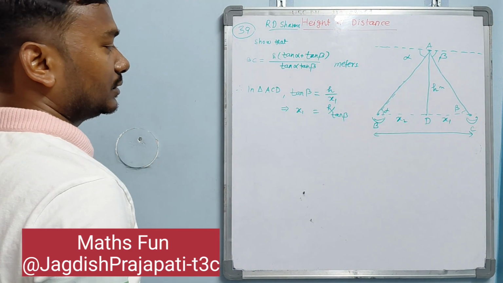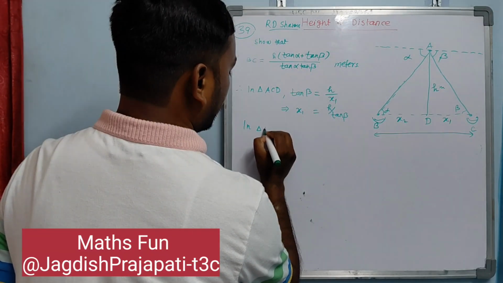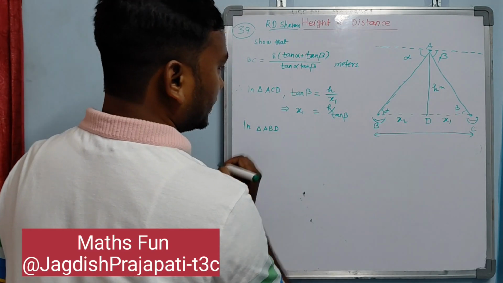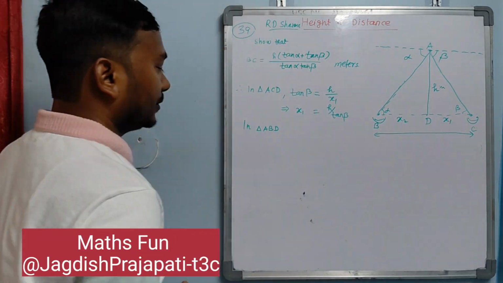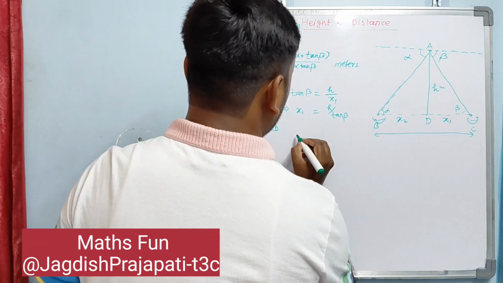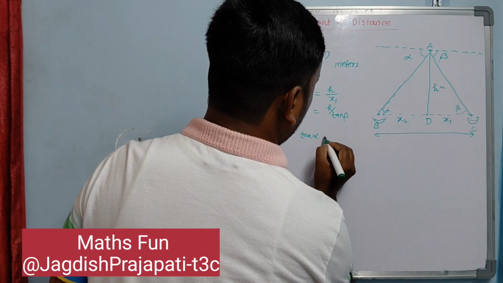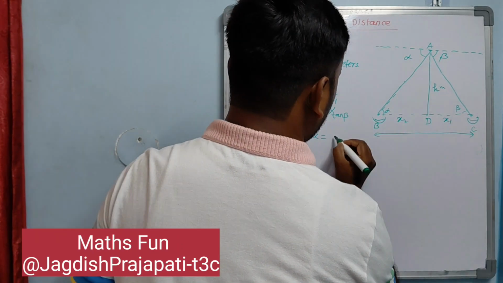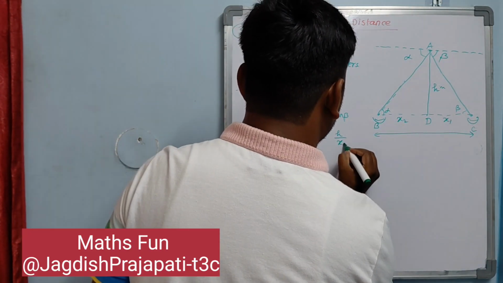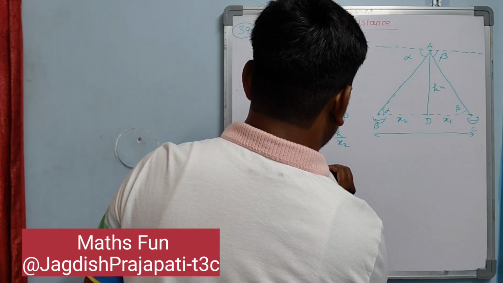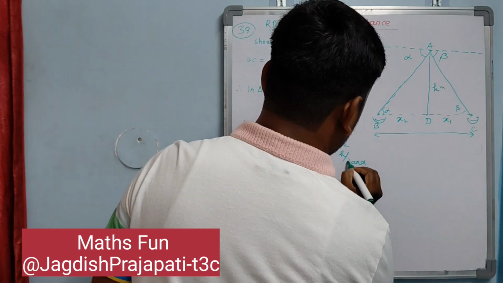In triangle ABD, tan alpha will be perpendicular upon base, h upon x2. This implies x2 equal to h upon tan alpha.